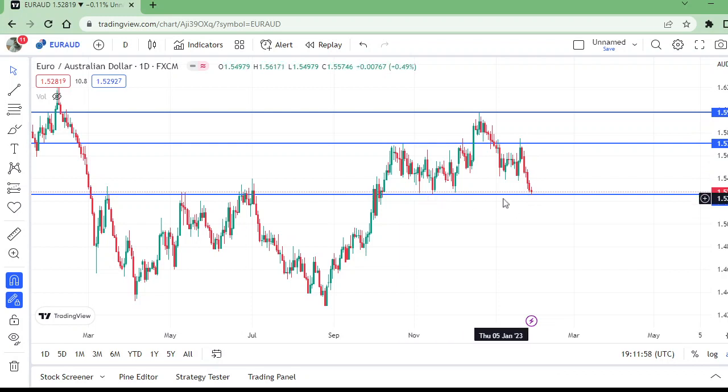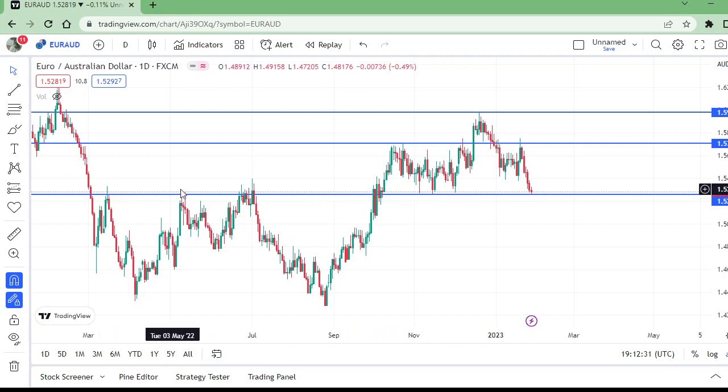Still it looks like that this is a strong support, because it was a resistance here, then ultimately broke it, retested it once, twice, thrice, then went up, broke this level, came down, then this resistance again worked and has sent this pair down to this level again.